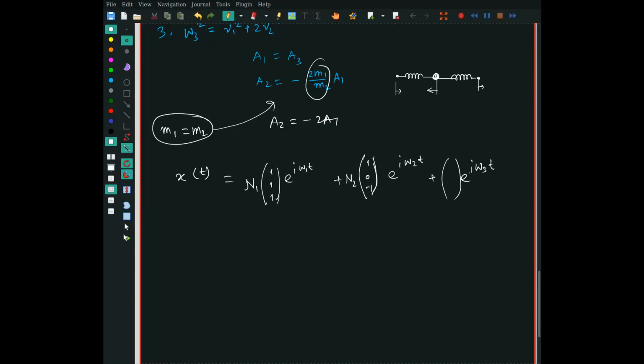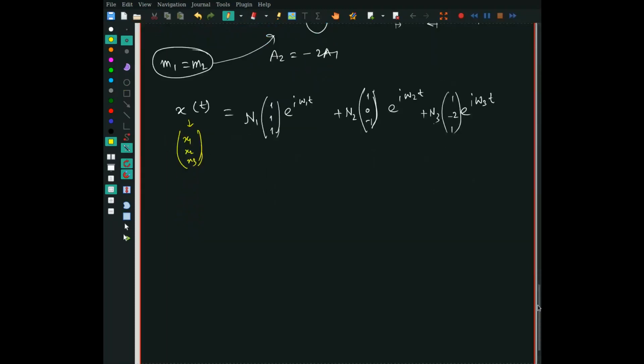And for the third mode, I have 1, 1, minus 2 here times some normalization constant, say n3. Okay. So remember this x(t) is basically a three element column matrix, so x1, x2, x3.